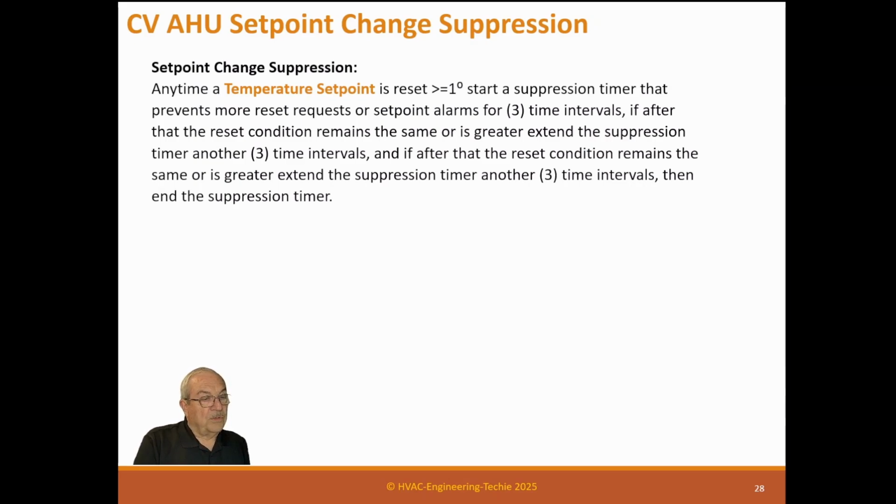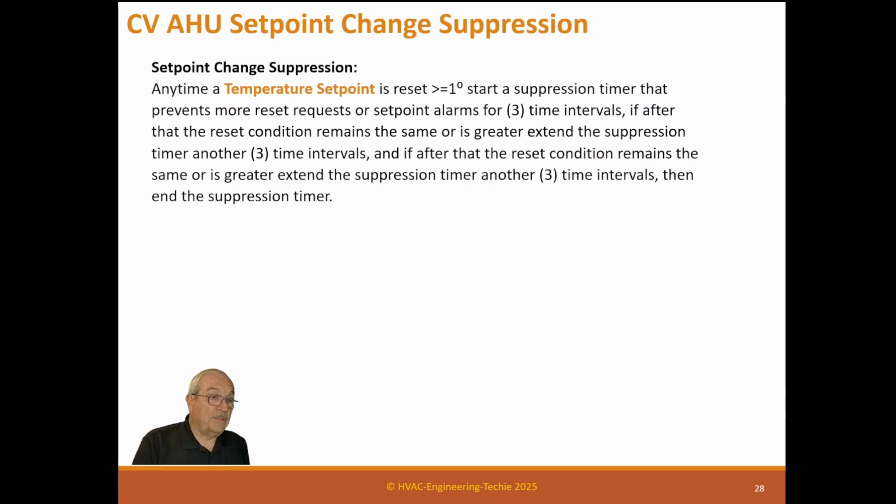So what we're trying to do here is to keep the resets from multiplying when it's a timing issue. Say you have a VAV box in a room and the room temperature is warmer and it needs to be colder, so we're going to reset the supply duct temperature down so we get colder air in the space.